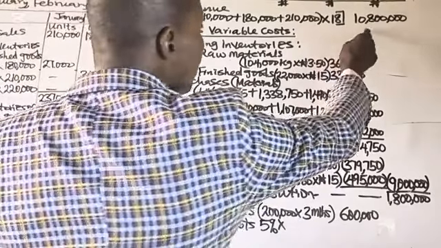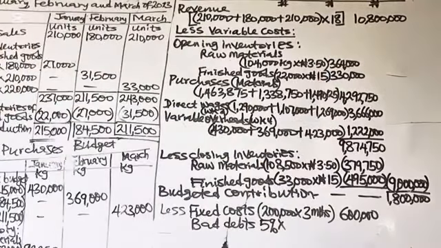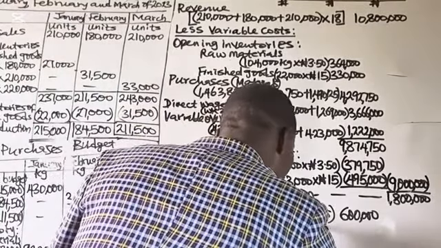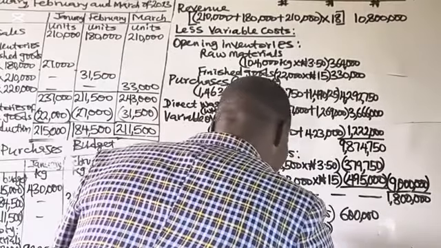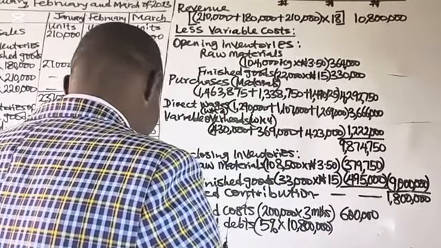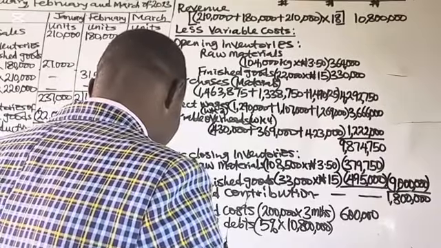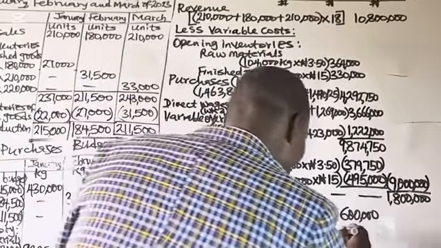Our revenue is 10.8 million. 5% of 10.8 million will be the bad debts that will be charged. That gives us 540,000.